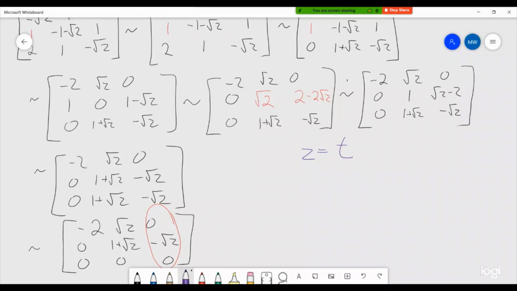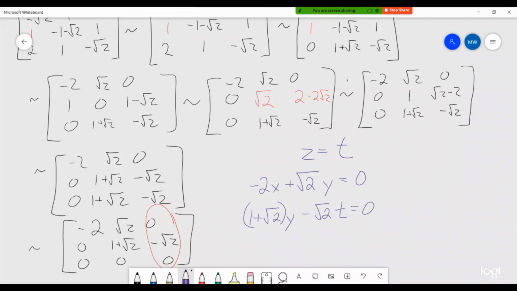And then we know that negative 2x plus the square root of 2 y is equal to 0. We know that 1 plus the square root of 2 y minus the square root of 2 z, or in this case t, is also equal to 0.